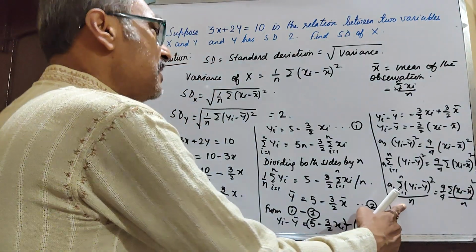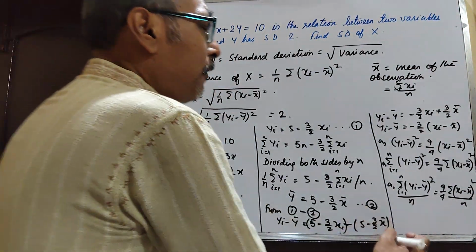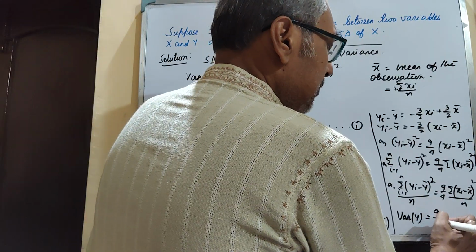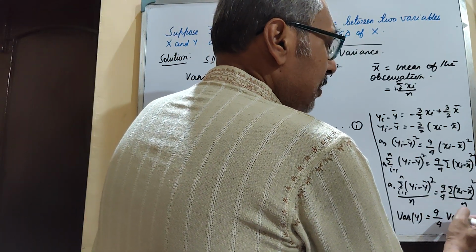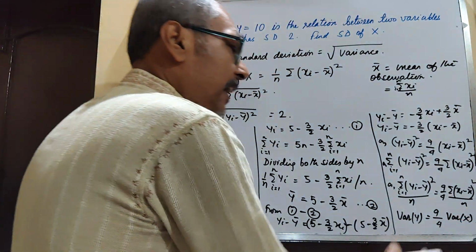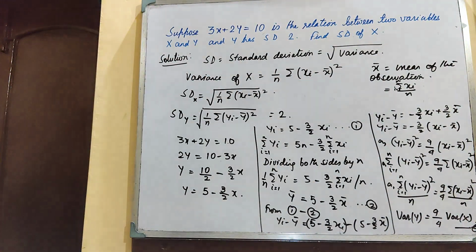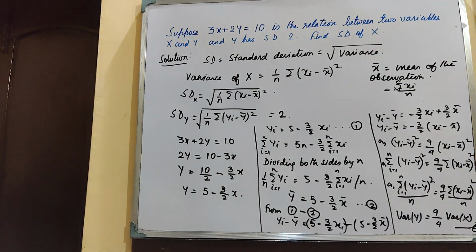Now this is the variance of y and this is the variance of x. This is the relation we have derived: variance of y equals 9 by 4 variance of x.